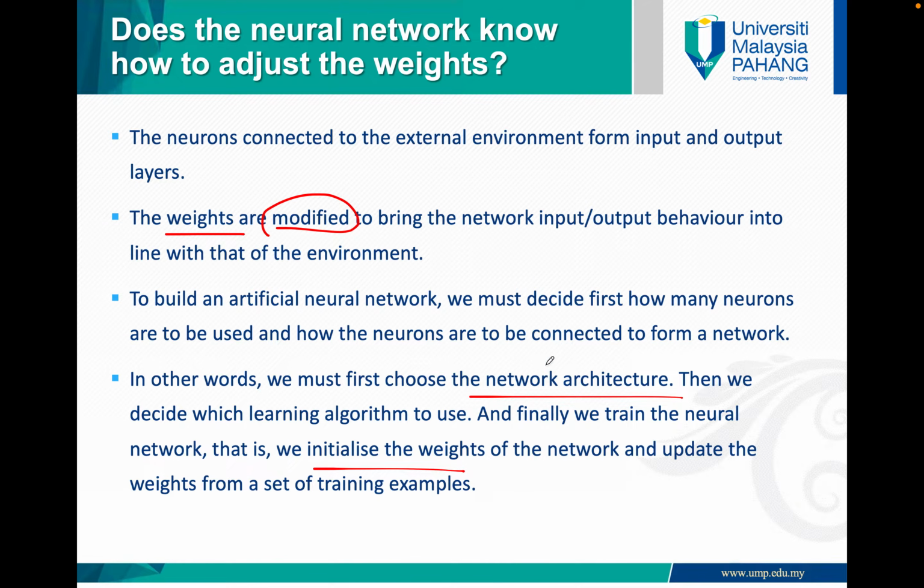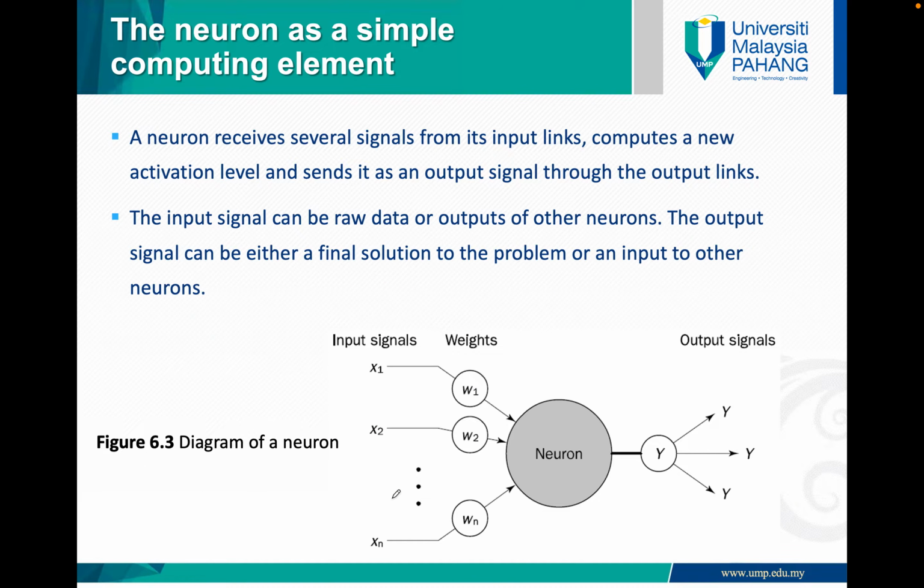First you choose the neural network, then choose the learning algorithm, then initialize the weights of the network, and update the weights. Four steps of training or learning in neural networks.